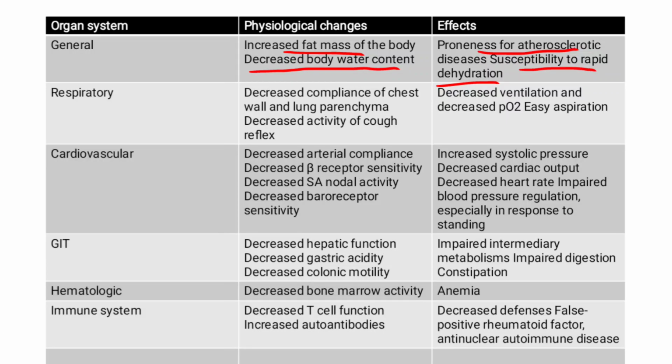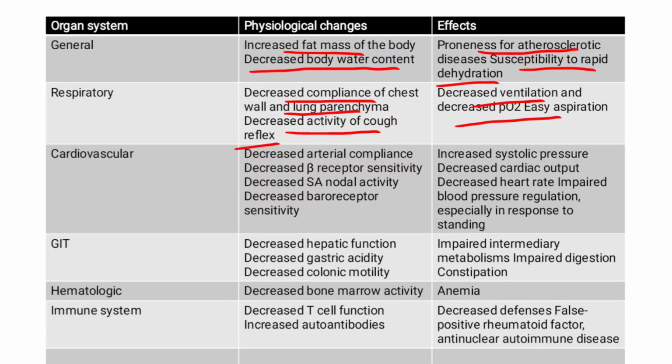Then some of the respiratory changes, where it leads to decreased compliance of the chest wall and lung parenchyma, and decreased activity of the cough reflex. That decreases the ventilation and decreases the partial pressure of oxygen, and it also leads to easy aspiration.